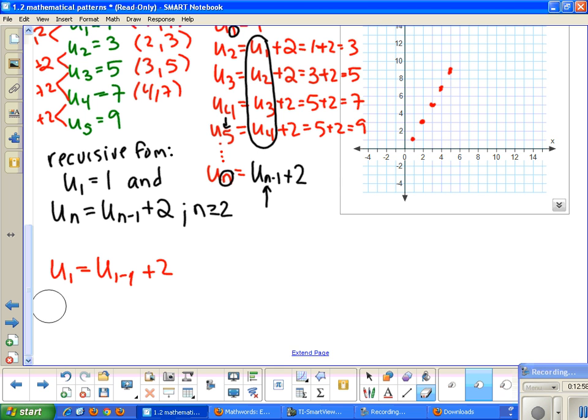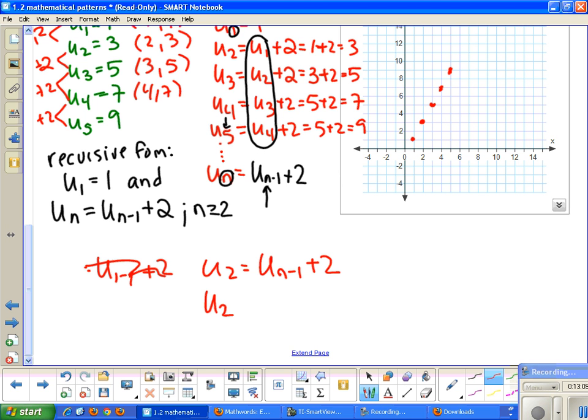So just to show you, if instead n is 2, I would have u sub 2 is equal to u sub n minus 1 plus 2. So u sub 2 would be equal to u sub 2 minus 1 plus 2. 2 minus 1 is 1, so my second term is equal to my first term plus 2. That's what we're doing every time we plug into our formula.